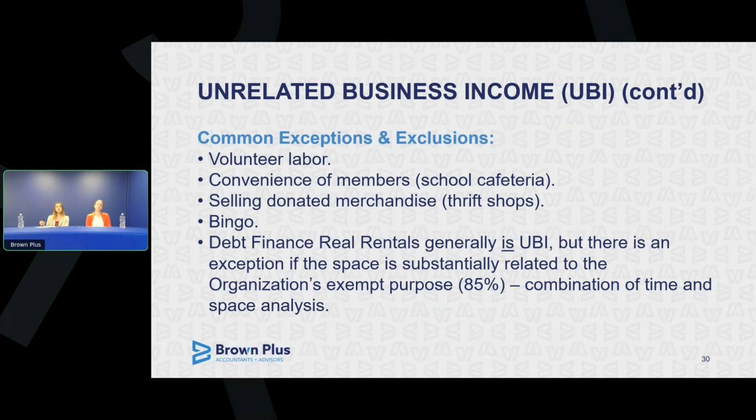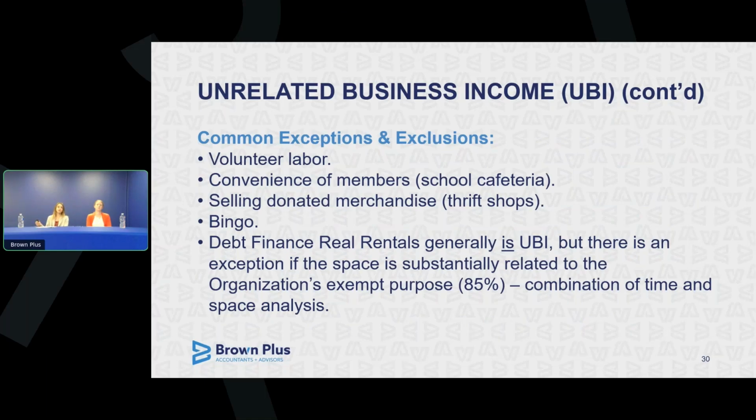I wanted to talk a little bit about some common exceptions and exclusions because I think these are missed sometimes. Some common ones available to nonprofits are volunteer labor. If the majority of the work was performed with volunteer labor, maybe you have a nonprofit school with a group of parents who put on a fundraiser, that's volunteer labor.